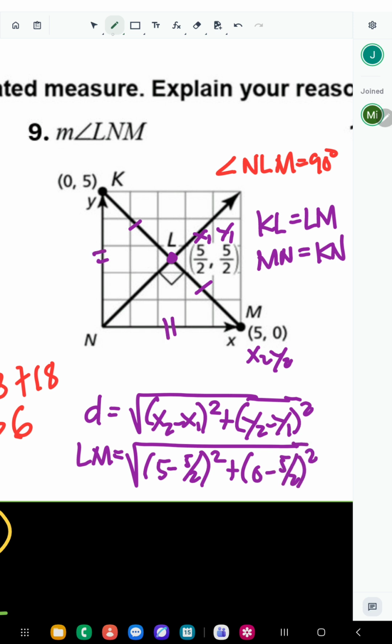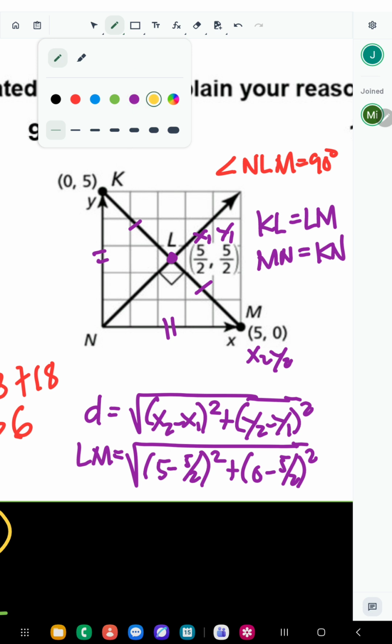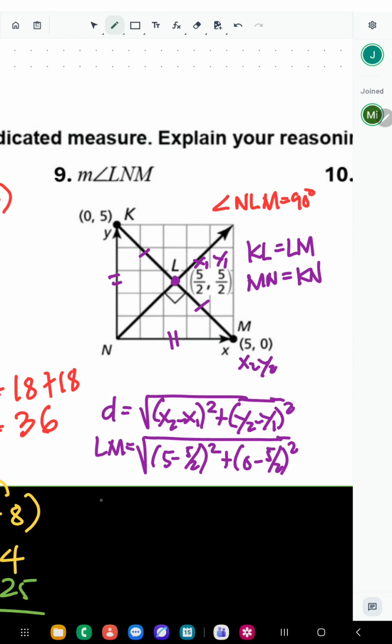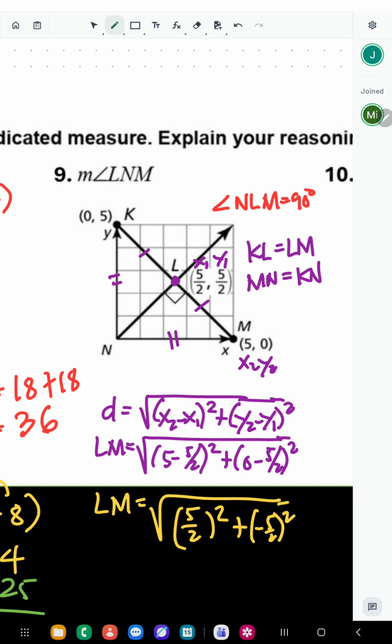Let's just solve the distance, okay? 5 minus 5 halves: 10 minus 5 is 5, so that is 5 halves squared plus negative 5 halves squared.